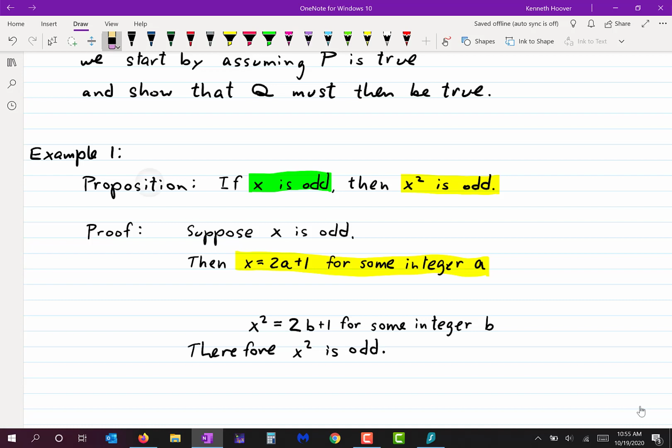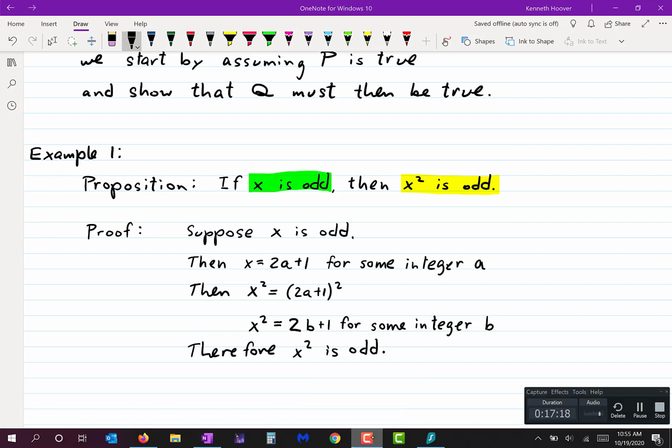So using the fact that x equals 2a plus 1, then I can say x squared would equal 2a plus 1 squared. And what does 2a plus 1 squared equal? Doesn't that equal 4a squared plus 4a plus 1? So let's go ahead and write that right here.